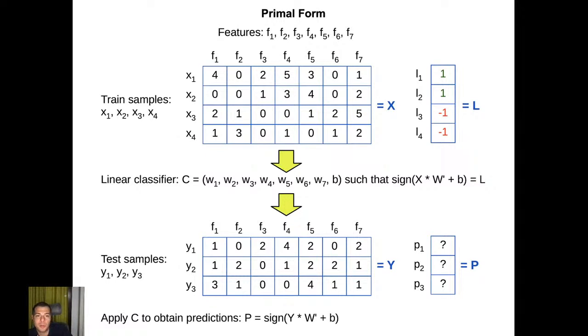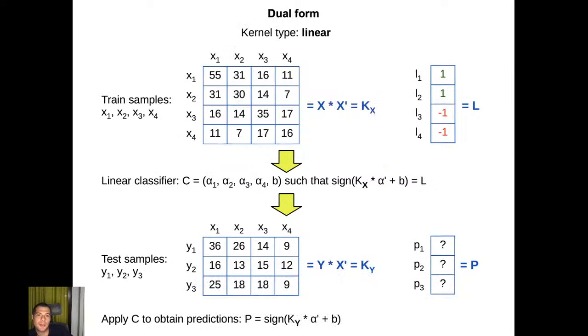And in the dual form, what we said before with kernel methods is that we do not use the embedding or the characteristics of the data samples, but we use instead the scalar products between pairs of data points. Here this is illustrated like this.